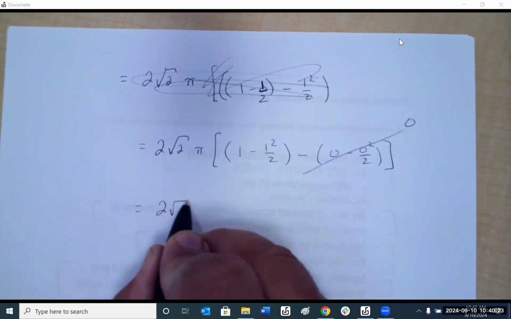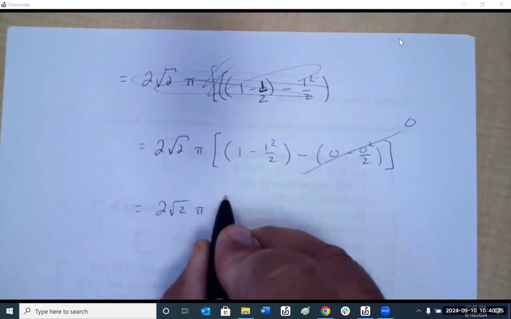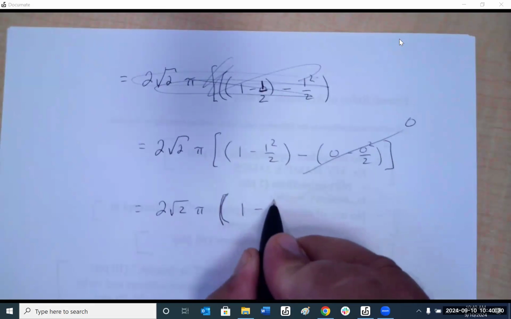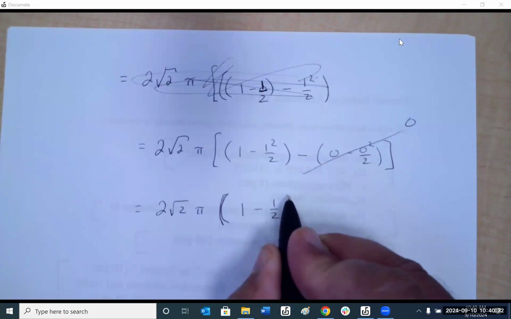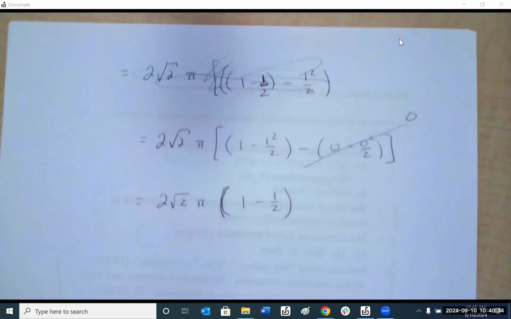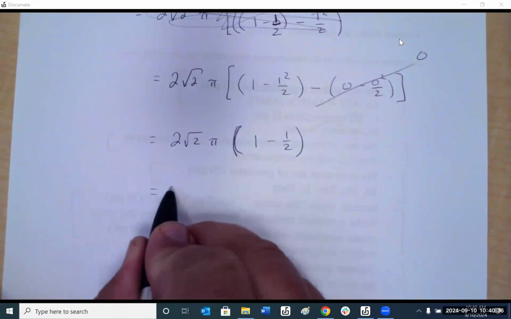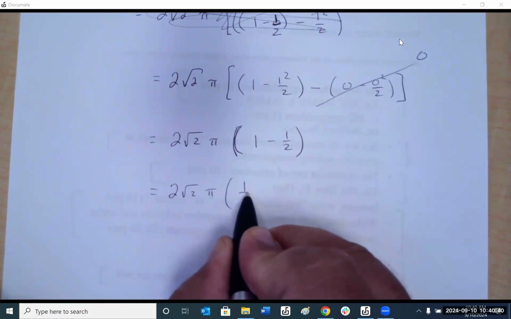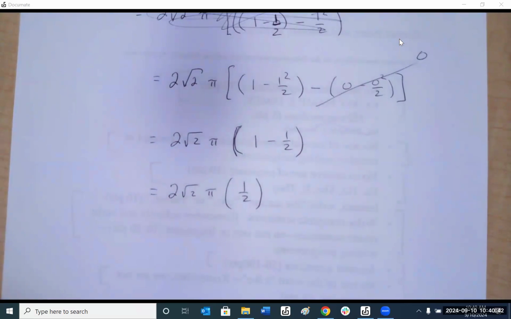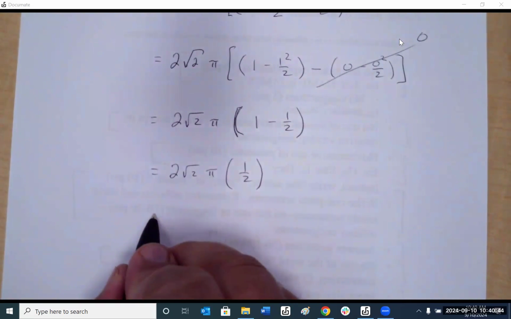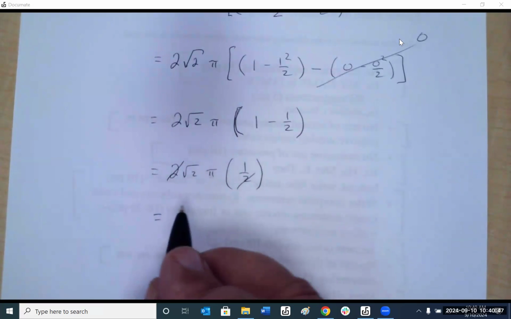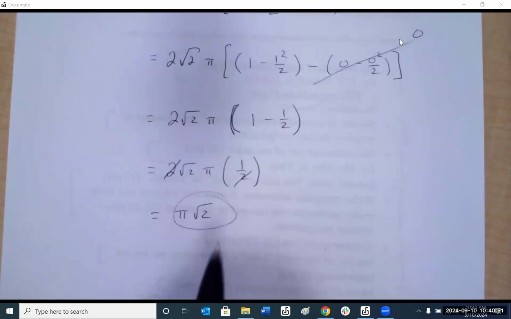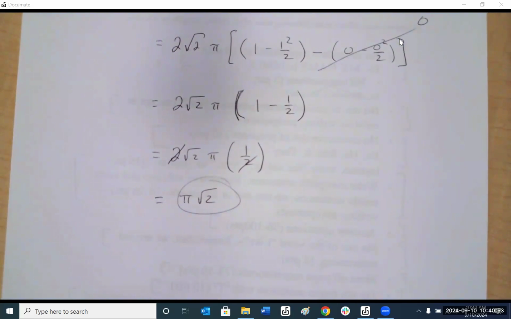So we have 2 square root of 2 pi times 1 minus 1/2. One minus 1/2 is 1/2. The 2 and the 2 cancel, so I have pi square root of 2, or square root of 2 pi.